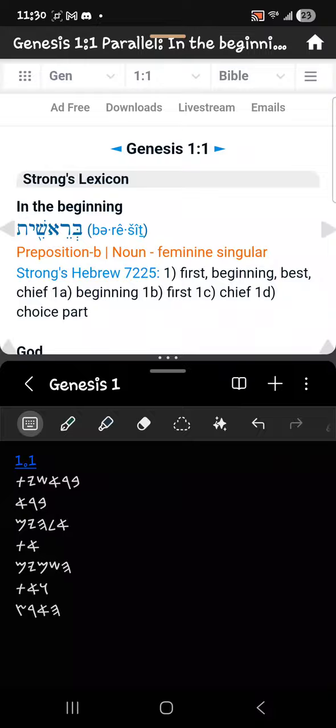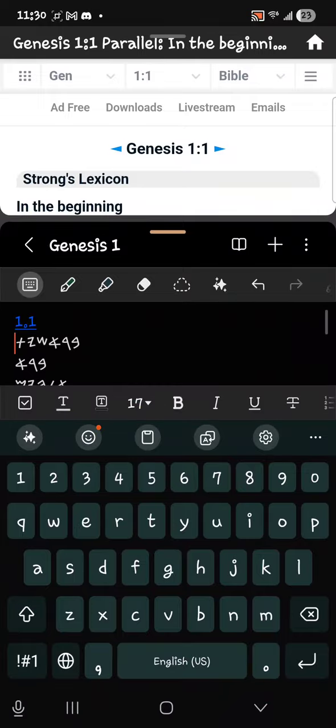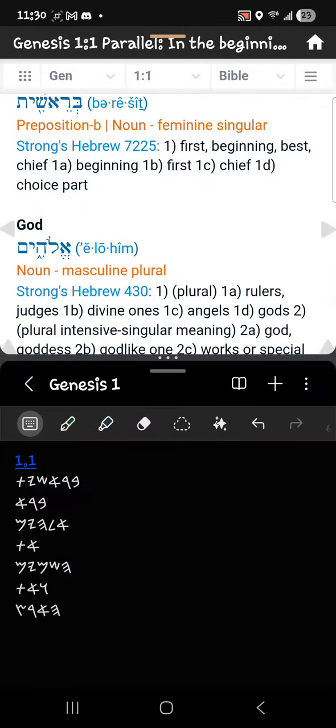I'll do that in a separate video. Right now I want to get through the whole entire chapter of Genesis. So I might not write everything down right now either, so that it doesn't become too big of a deal, because I don't want to be too time consuming.